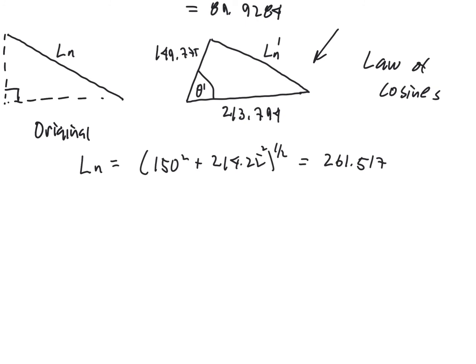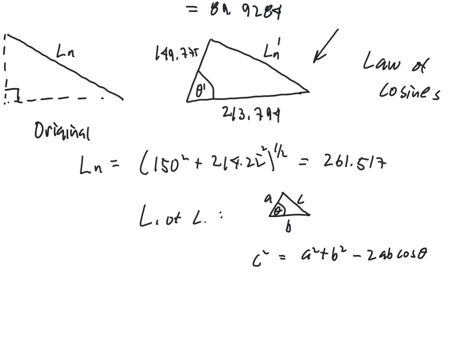So remember what that says. The law of cosines says that if you have something like this, it's normally written as A, B, and C, and then that's your theta. So it's the angle opposite to the C side. So you've got C squared is equal to A squared plus B squared minus 2AB cosine of theta.